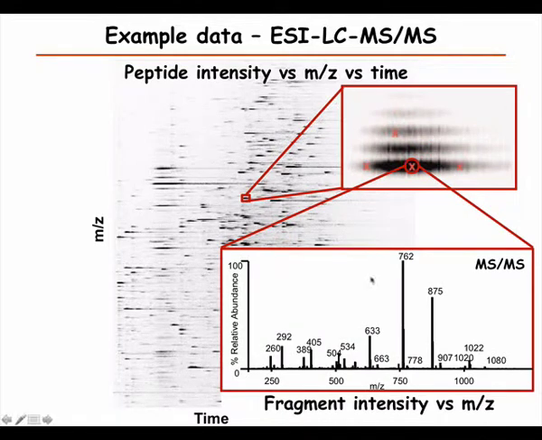From there, for each of those, we get a fragment mass spectrum. As you see, there are several dimensions to this: we have the time, we have the peptide mass, and we have the peptide fragment mass. And we measure intensities in this space.